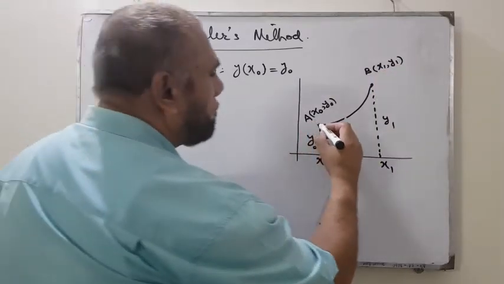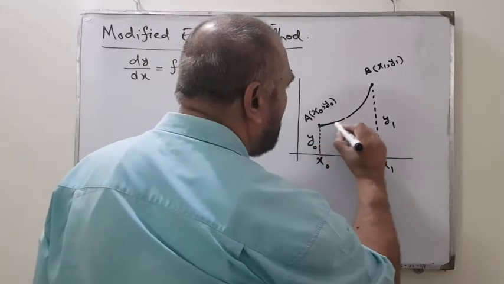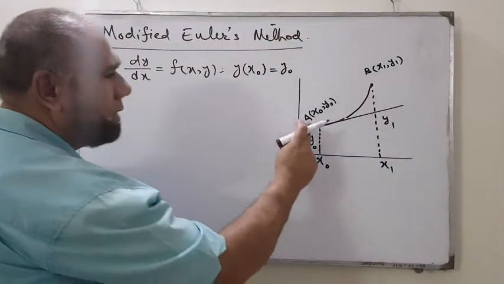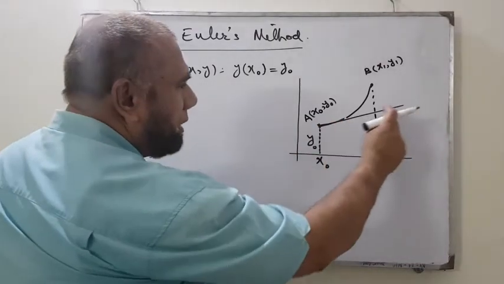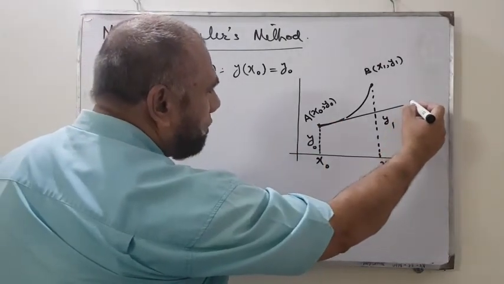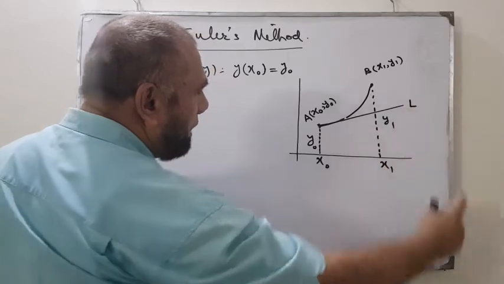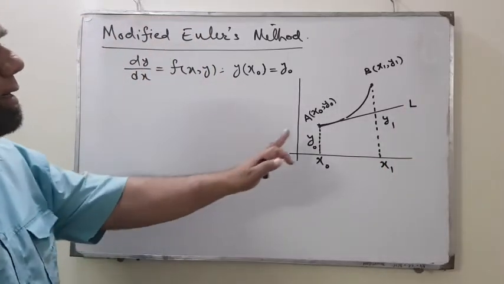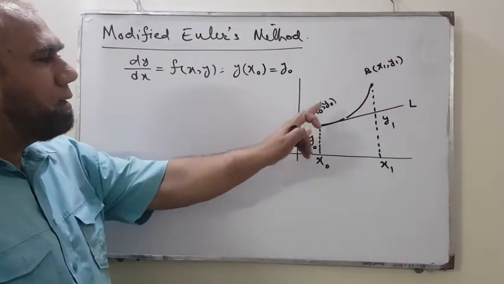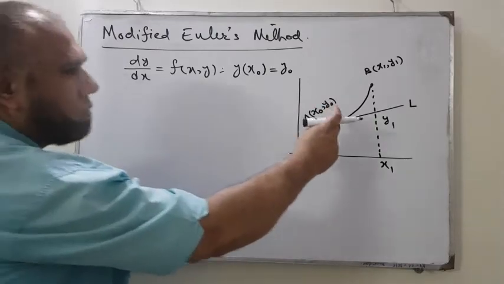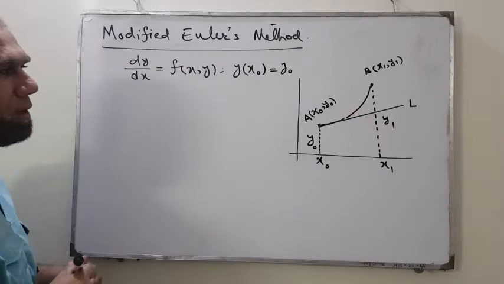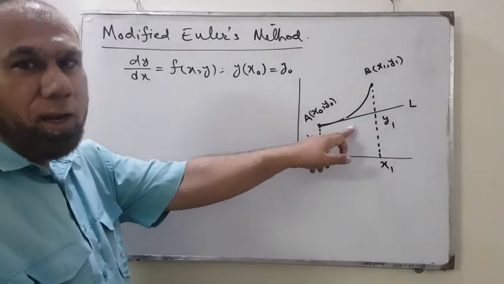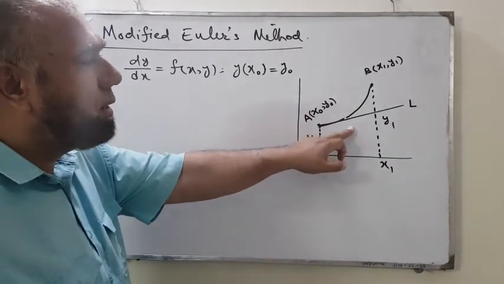First we draw a tangent line at the point A. Let me call it AL. In order to write the equation of this tangent line, we require two pieces of information: the slope, and at least one point on the line.